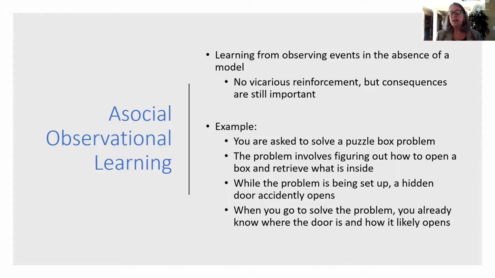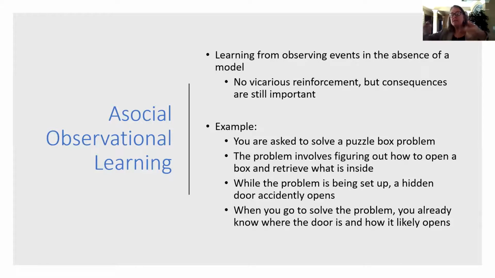I believe an example that your book uses is animals that were able to watch another animal turn over a log in order to get the ants that were underneath it to be able to eat the ants. We would call that social observational learning.